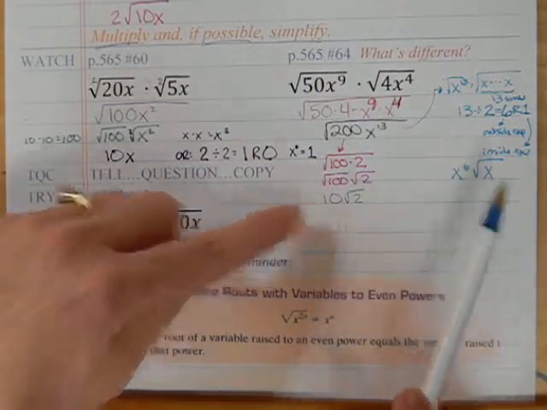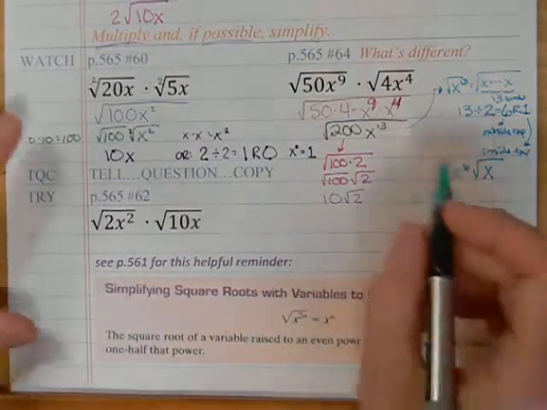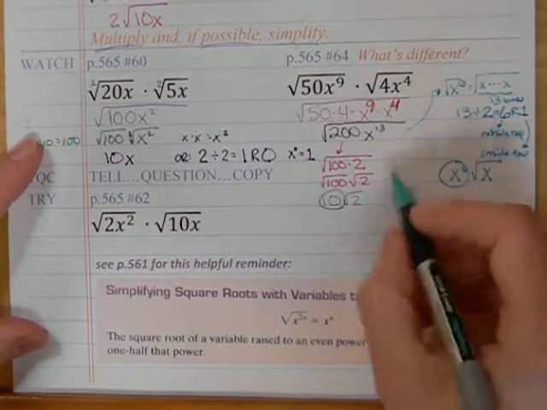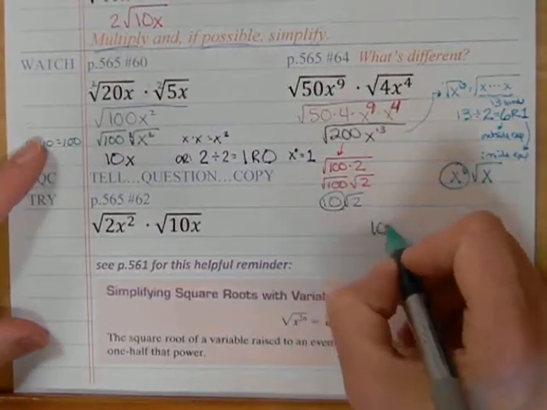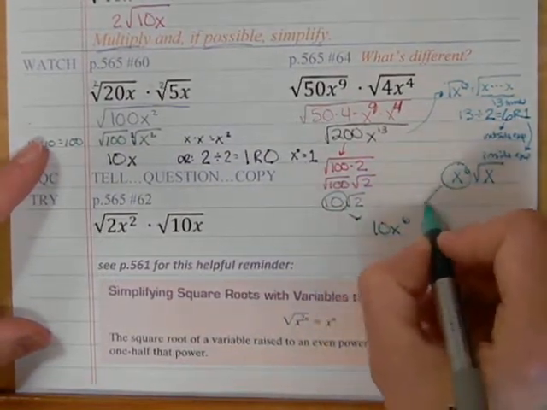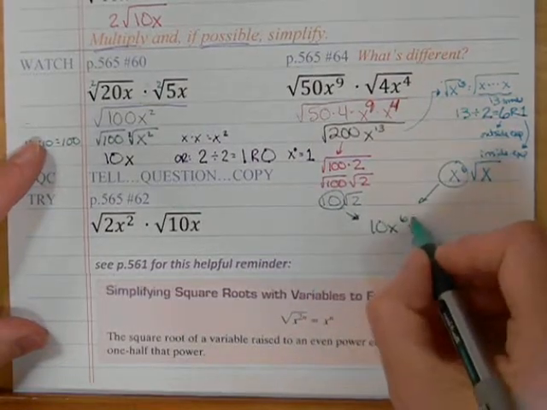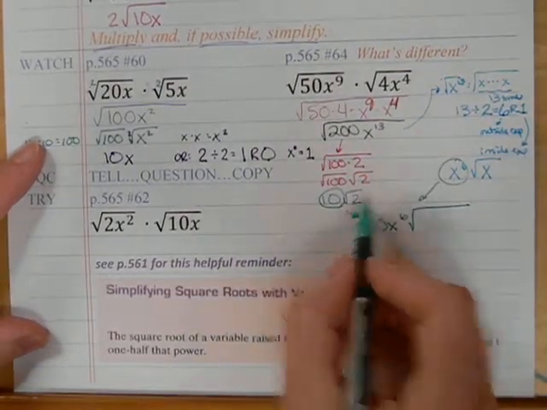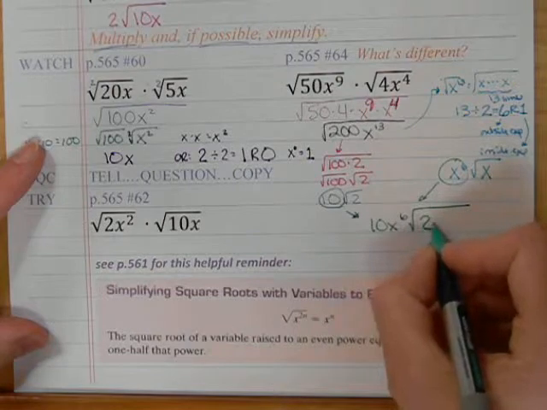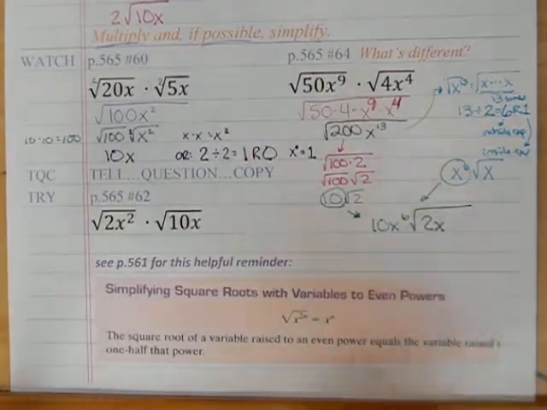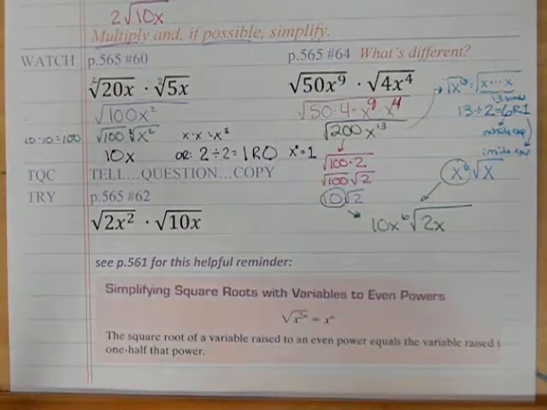So now our final answer combines both of those pieces, where we take our outside pieces, 10x to the 6th, and then under the radical you have 2 and x, or 2 times x. So that is our most simplified version, 10x to the 6th radical 2x.